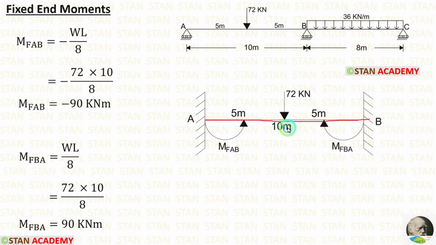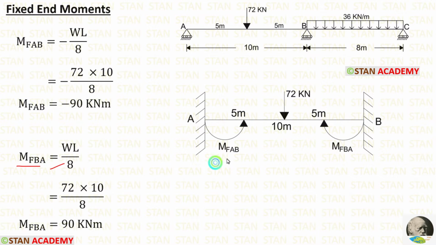In the span AB, we are having a point load acting on the center. We just saw the fixed end moment formulas, minus WL upon 8 and positive WL upon 8. M of AB is negative because it is acting in the anticlockwise direction.